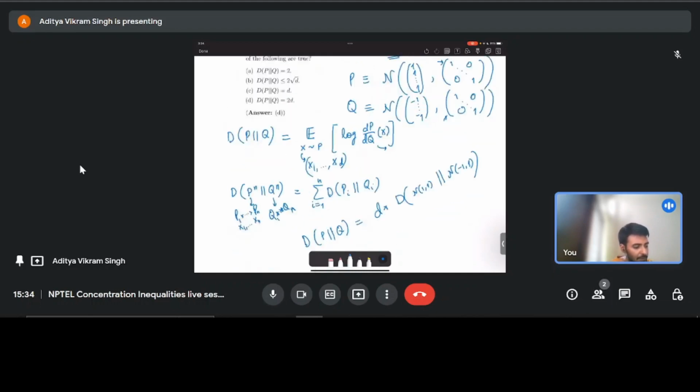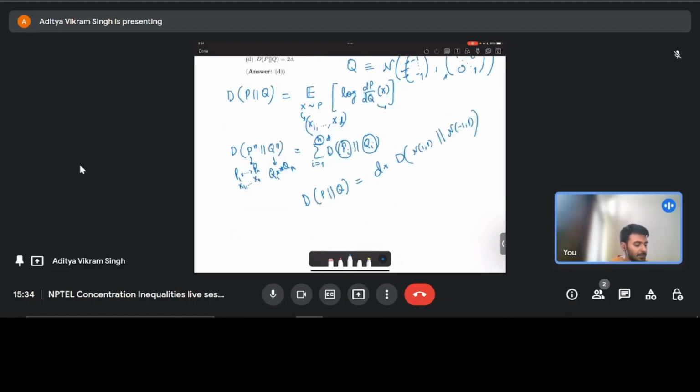Since all these coordinates are 1 and all these coordinates are -1, Pi and Qi are equal for all i's. Here n is like d in our question. So this just becomes d times this, and now this is a single variable thing, and we can easily write PDFs.